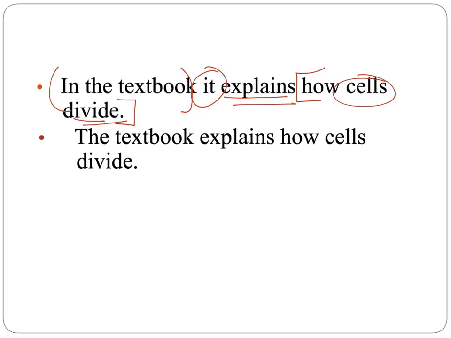You ask yourself, what is it referring back to? What is the antecedent of it? Well, if the answer is textbook, as it is in this sentence, the question becomes, well, why am I using that prepositional phrase? Let me make my sentence more direct and more clear by just using textbook as my subject. The textbook explains how cells divide.